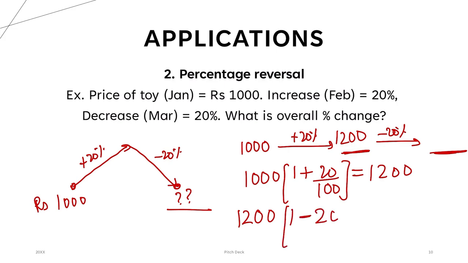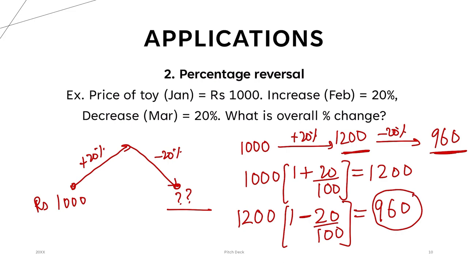So will it come back to 1000 again? We'll see that 1200 multiplied by 0.8 comes to 960. So the final value, instead of being 1000, is 960.